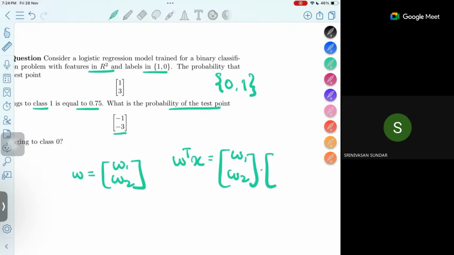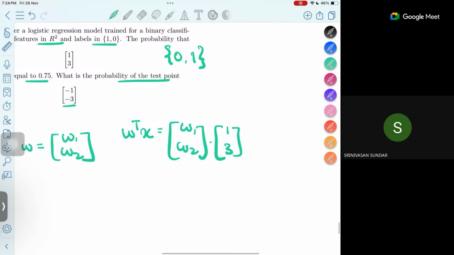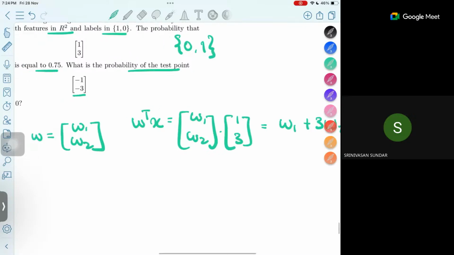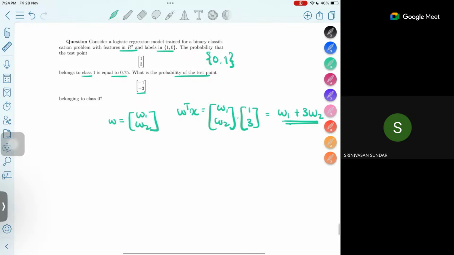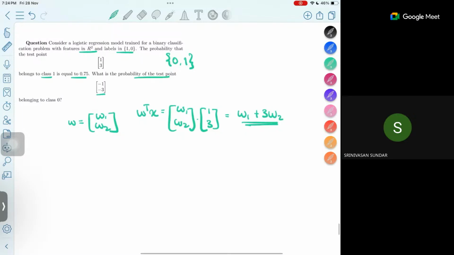We're just trying out stuff for this question to see what the approach is. Even I don't know if this is going to be the correct approach. So we have (1, 3), and we get W1 plus 3 W2. We plug this value W1 plus 3 W2 inside the sigmoid function, and we get that the probability is 0.75.